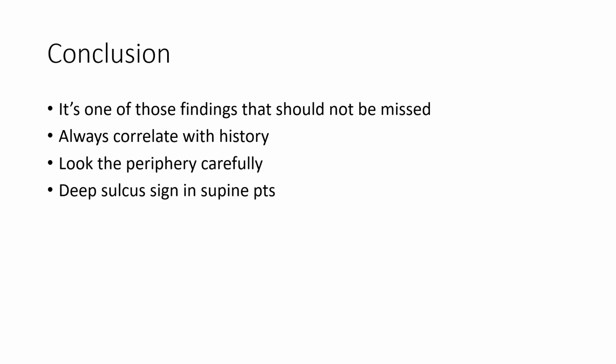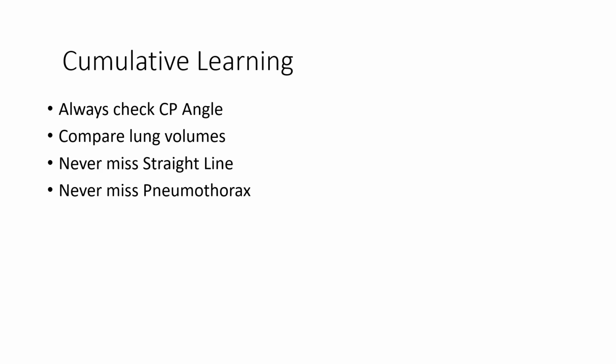So you should always correlate with history and look at the peripheries. Usually look at the periphery, whether there is a hyperlucency and absence of bronchovascular markings. In case of supine patients in ICU, there will be something called the deep sulcus sign. The CP angle will be quite deep. That is also an indicator of pneumothorax. But in those cases, you have to do a bedside lung ultrasound to confirm the pneumothorax.